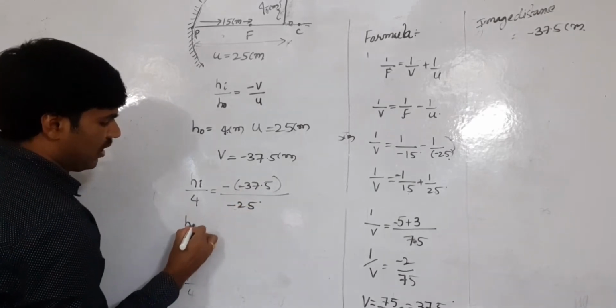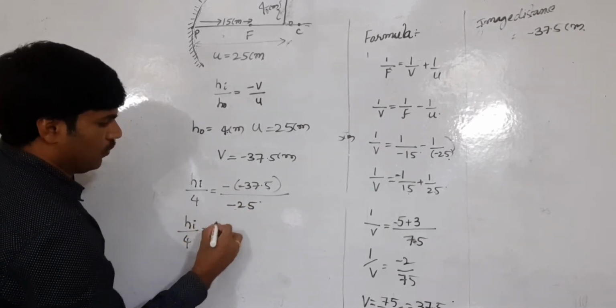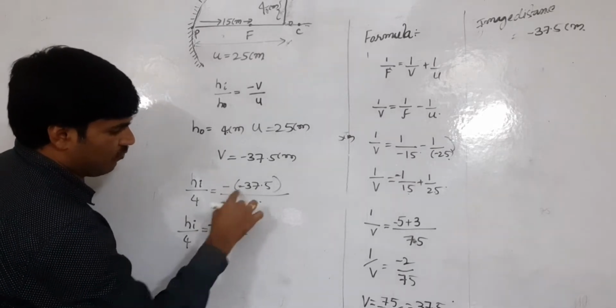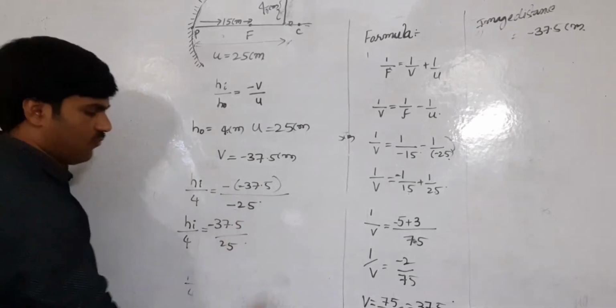Now h_i by 4 is equal to 37.5 by 25, where minus of minus becomes plus and the remaining minus goes to 25.